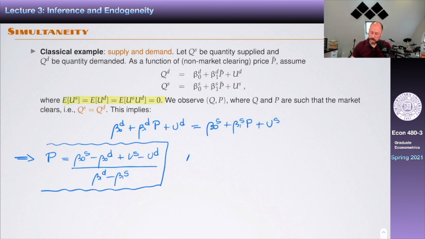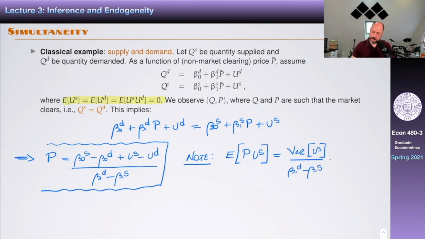And then note, I'm going to say the expected value of P times US, which appears to be simpler, is going to be the variance of US divided by beta 1D minus beta 1S. And the expected value of P times UD is going to be minus the variance of UD divided by beta 1D minus beta 1S.